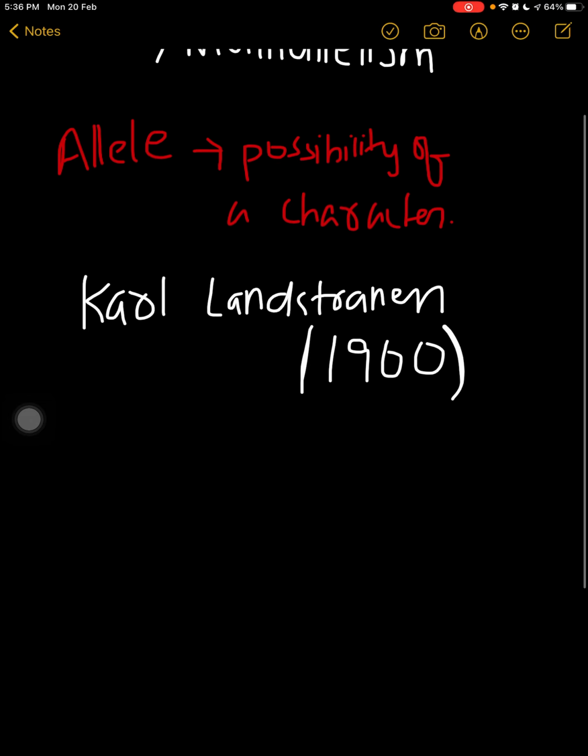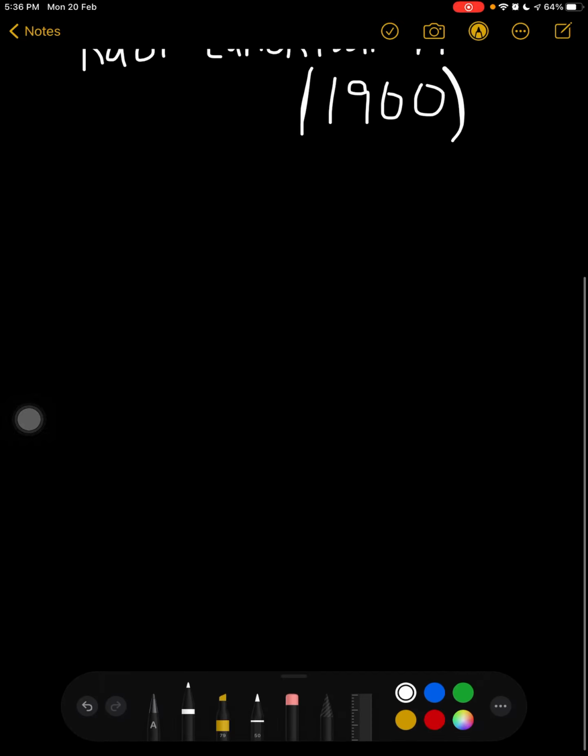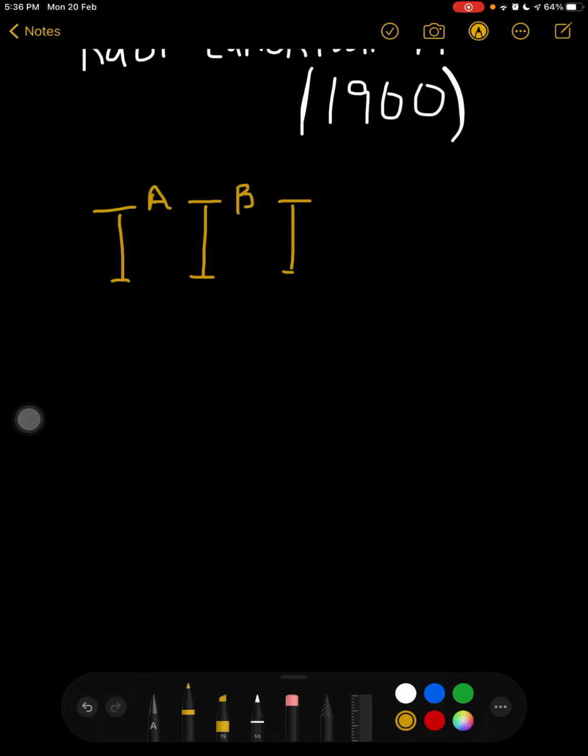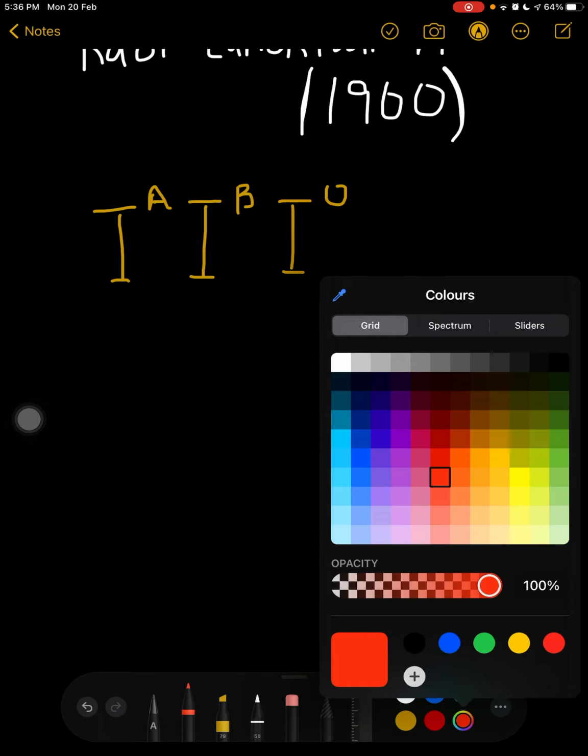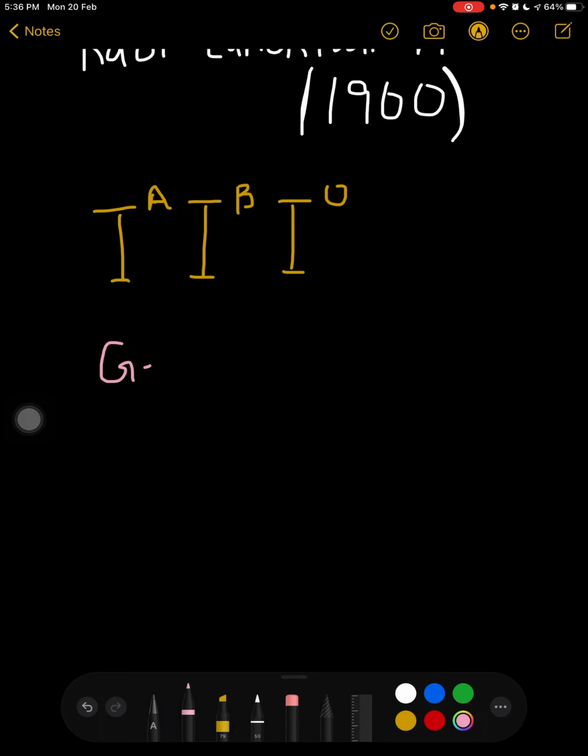According to this, we have 3 genes over here, which are IA, IB, and IO. Over here we have genotype of 6.